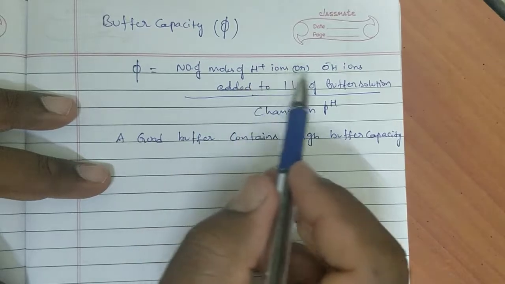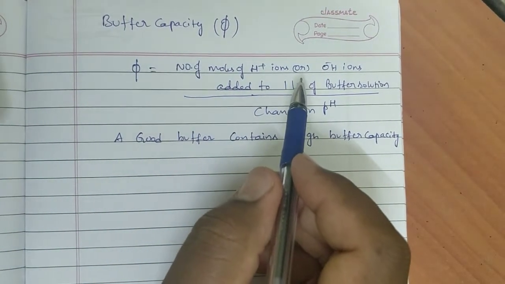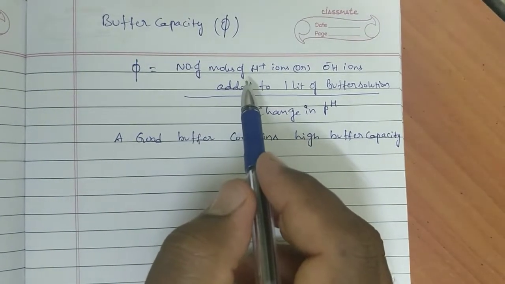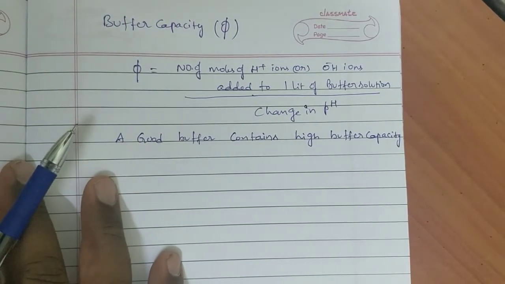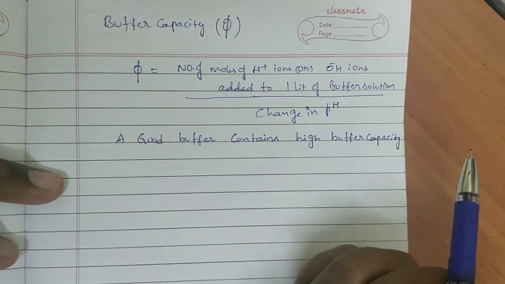If fewer H plus ions or fewer OH minus ions are added to any buffer, generally its pH value will not change. Here, if we add an extra amount of H plus ions or OH minus ions, then there is a change in pH for the buffer solution also.